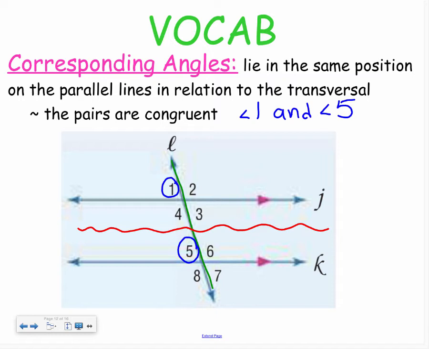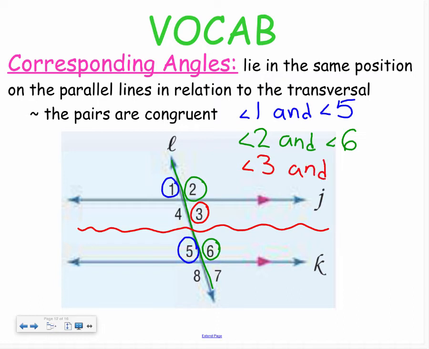There are 3 other sets of corresponding angles. See if you can find them. We have 2 and 6. 3 and 7.